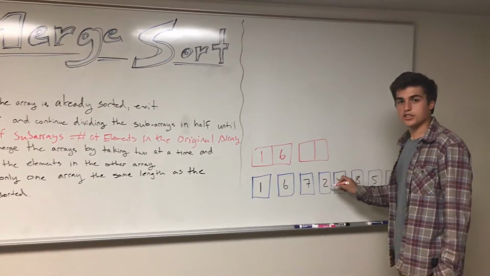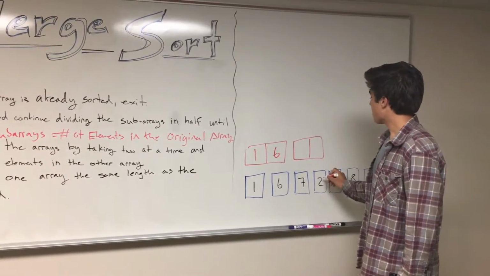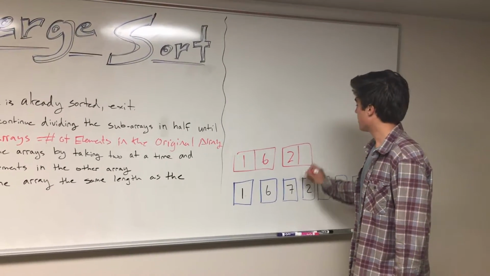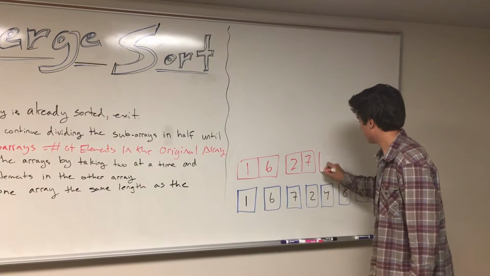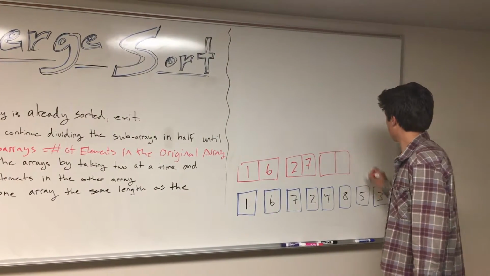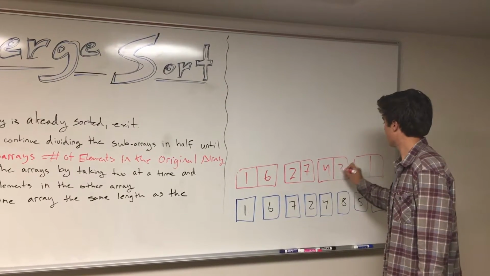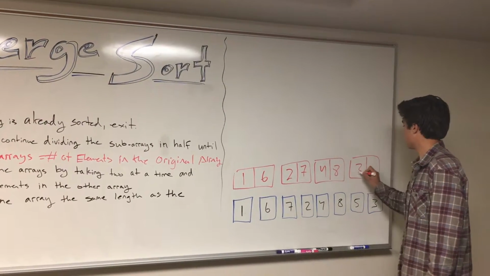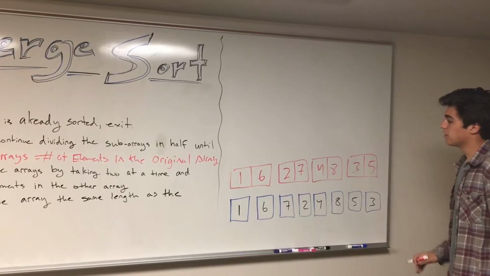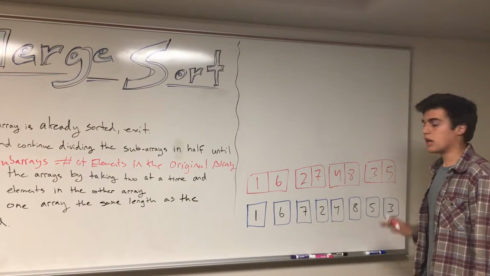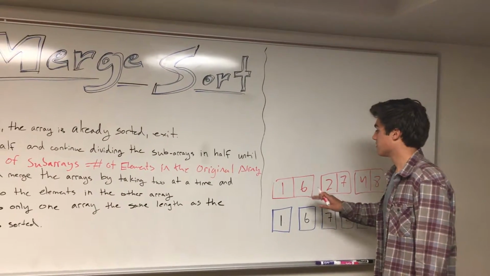Now we compare 7 and 2. 7 is greater than 2, so 2 is going to get put in the first element, and 7 gets put in the second. And same thing here. Same thing here. Okay, so now we're left with 4 arrays, each with 2 elements.